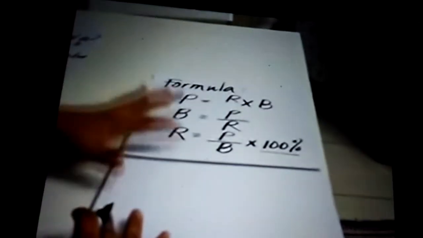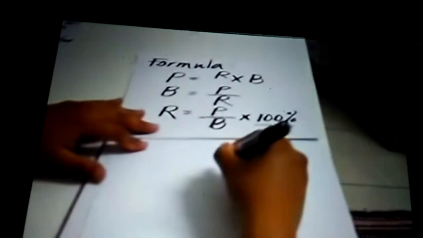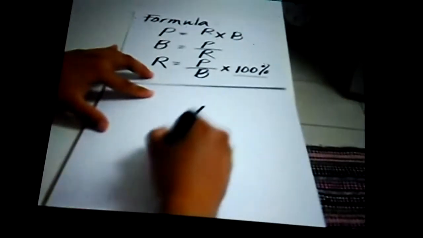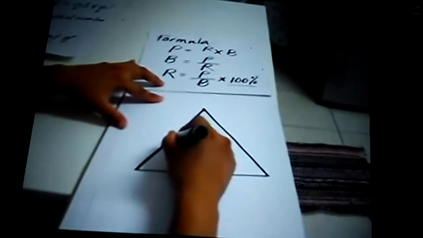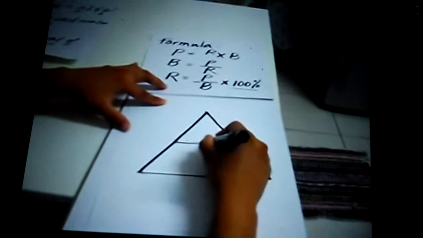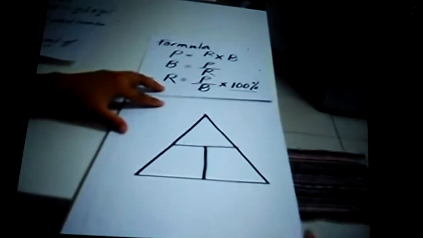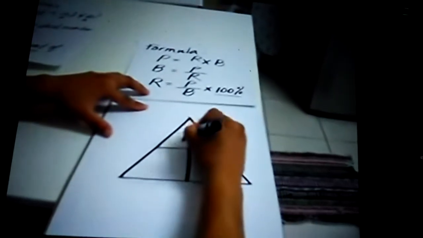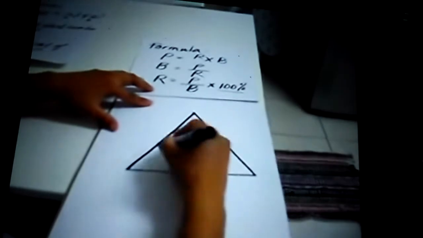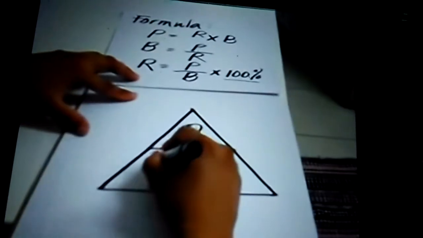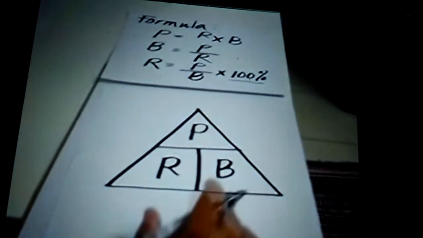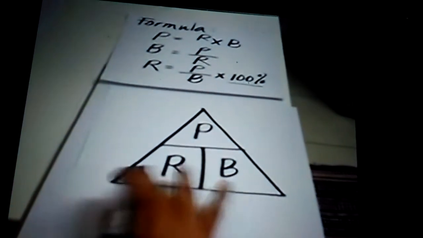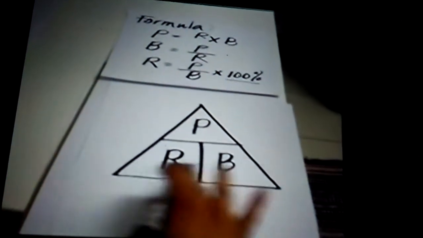Okay, now, to be able to remember these formulas, I want you to look at this. This is a triangle. I want you to divide a triangle into 3 different parts. You write P on top, the rate here and base here. Now, when two letters are adjacent, it means multiplication.